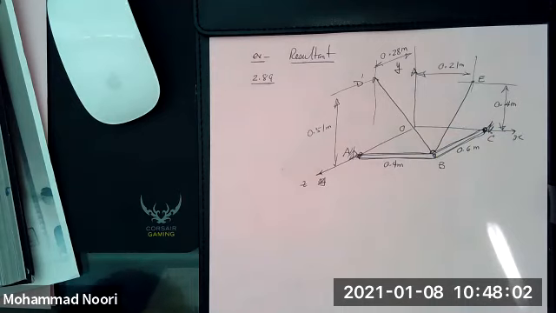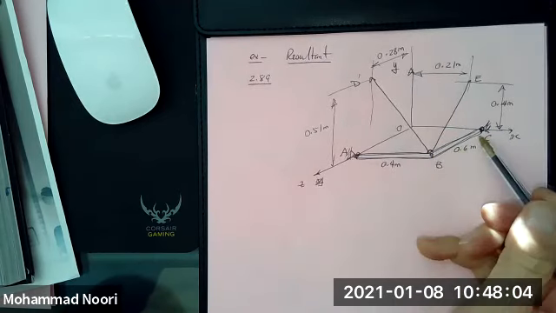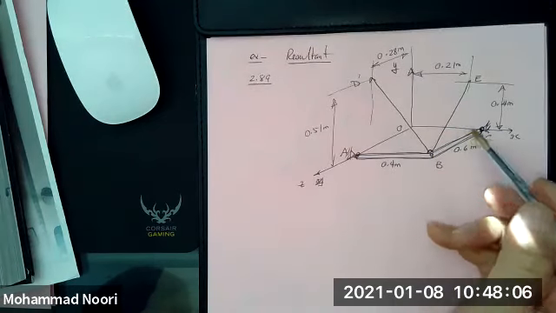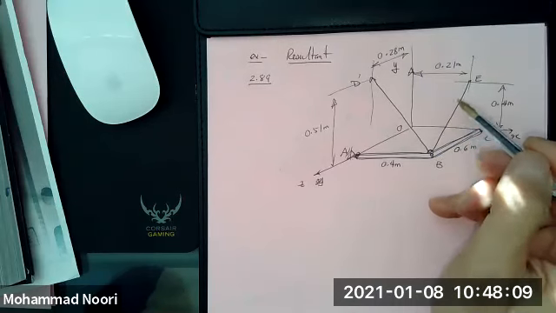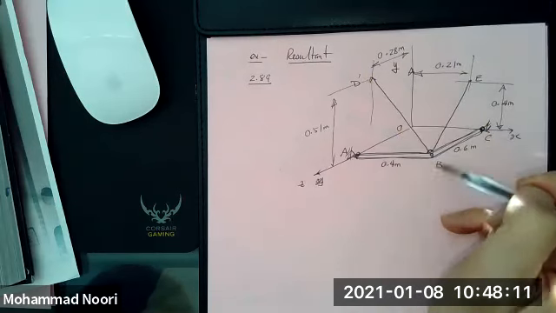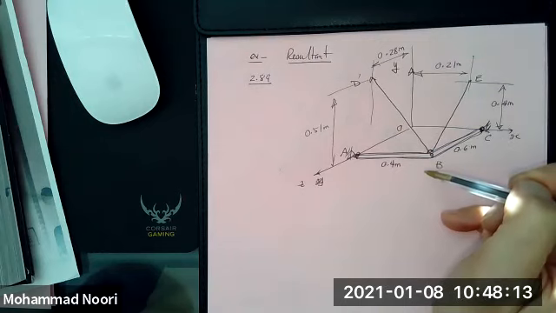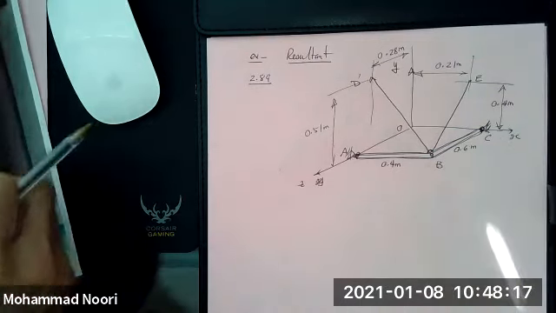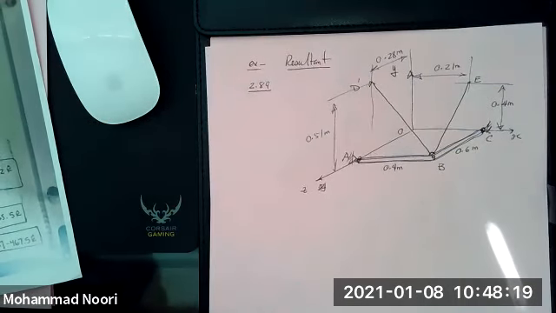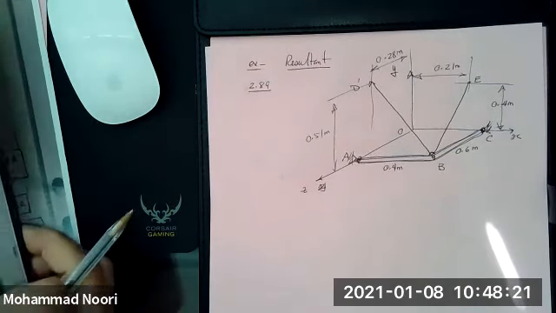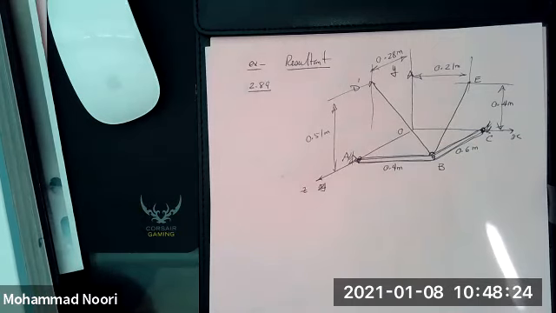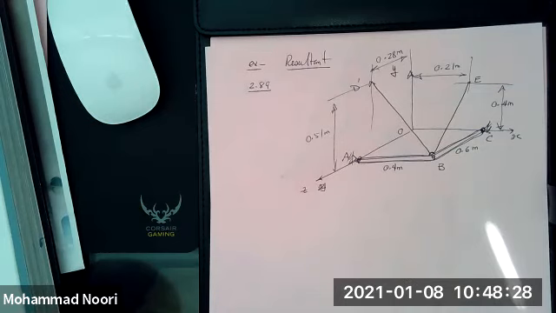So we have a frame or pipe, whatever that is, ABC, that is basically supported partly by this cable, okay? We do know that the force in this cable is given. The force in this cable is given as 300.